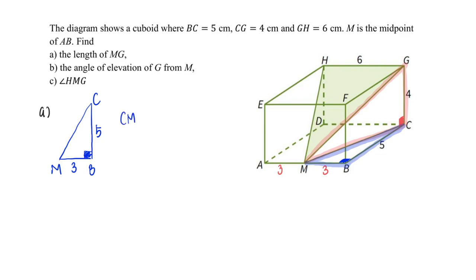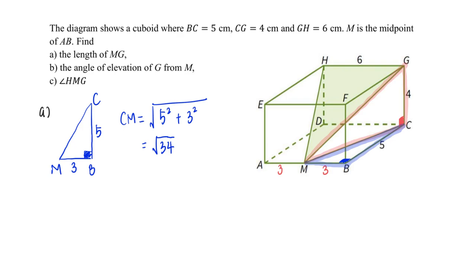So my CM is simply the square root of 5 square plus 3 square, and this will be the square root of 34 at this stage. Since this is part of the working, not the final answer of any parts, I leave it as such.